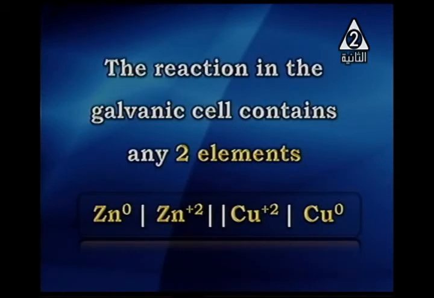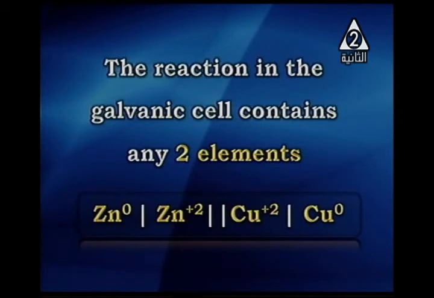But we need here Zn0, which means zinc metal, the rod of zinc. The line between Zn0 and Zn2+ means this zinc rod is dipped inside the solution of zinc sulfate, Zn2+.